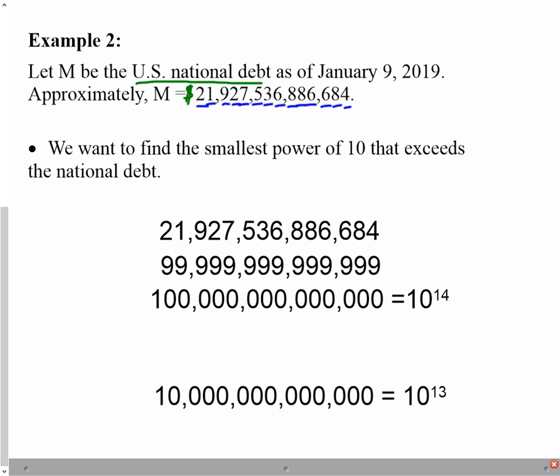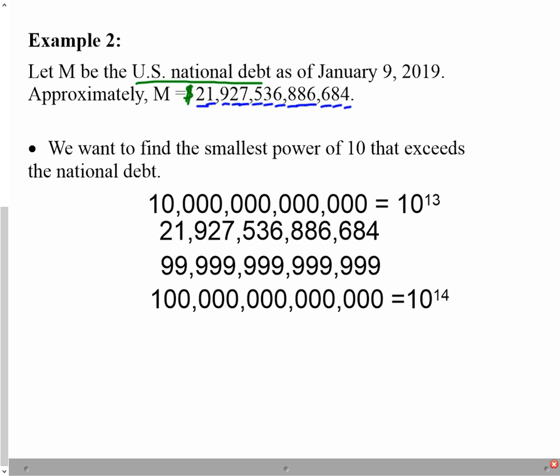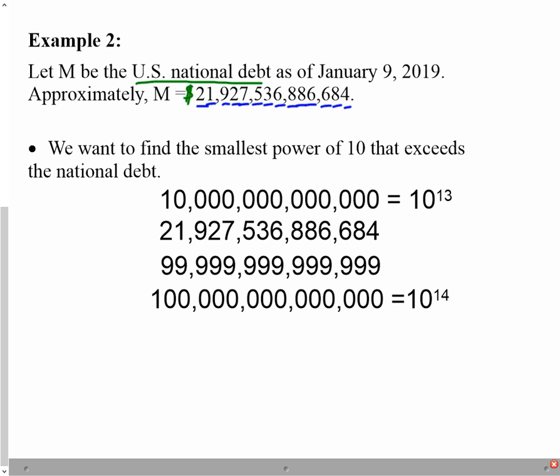Now, 10 trillion is actually smaller than all of those. 10 trillion is just one power smaller, and it's actually $990 trillion smaller. So if there's 14 digits, the smallest power of 10 that is larger would be 14 zeros, which would be 10 to the 14th power, which is actually 100 trillion.